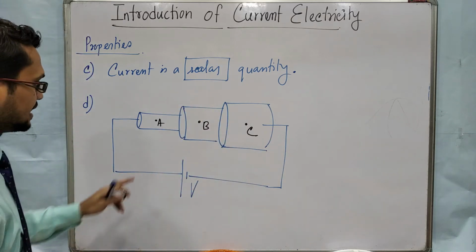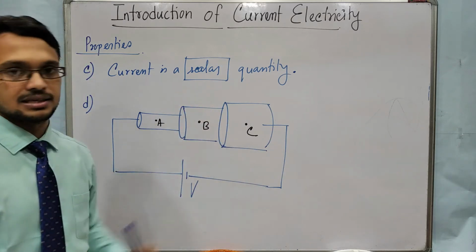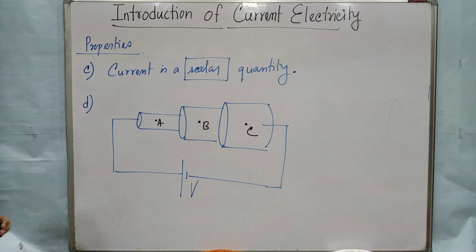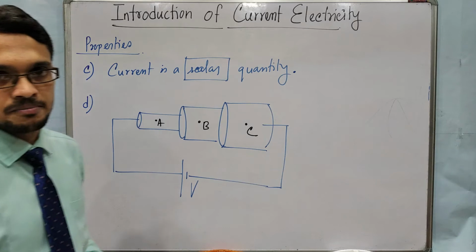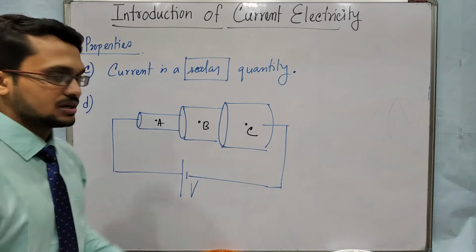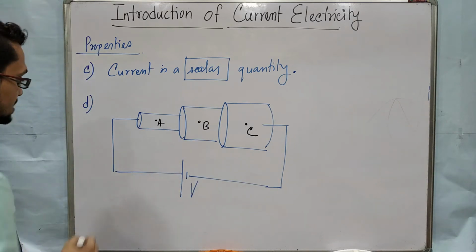What about the current at points A, B and C? At which point will it be maximum, at which minimum, or will all the points have the same current? What will be the correct option?